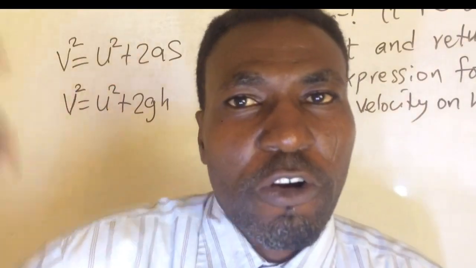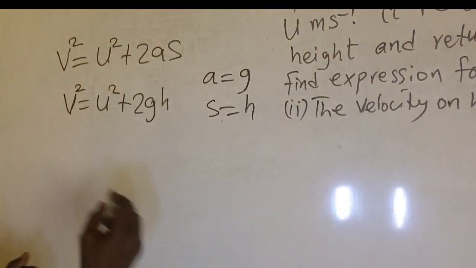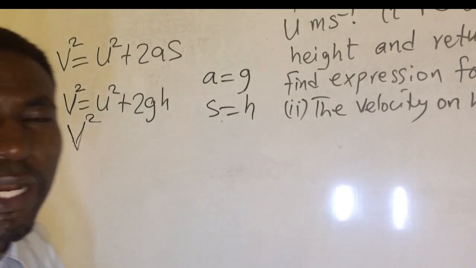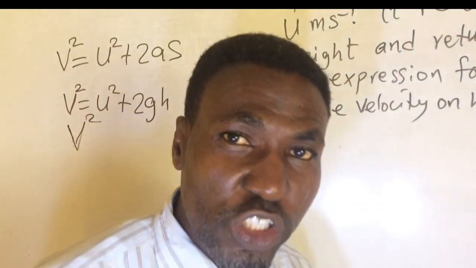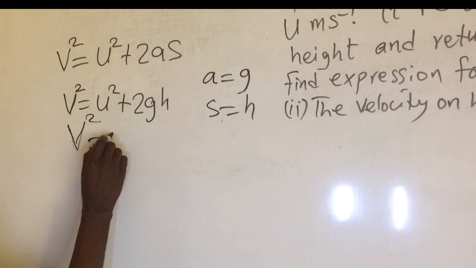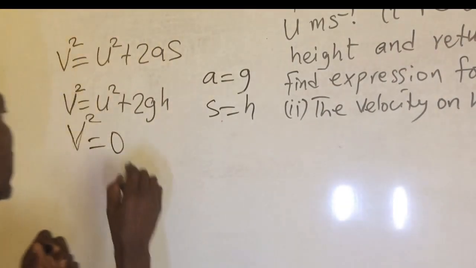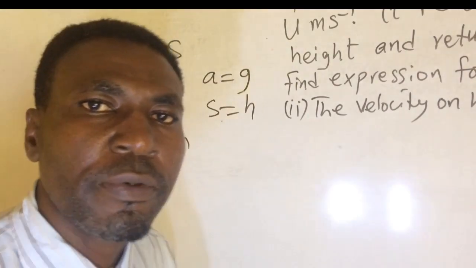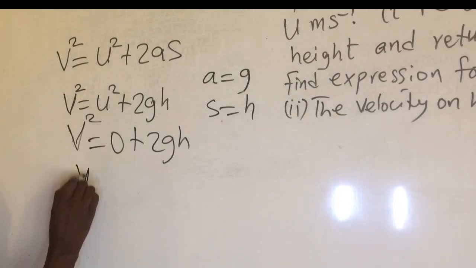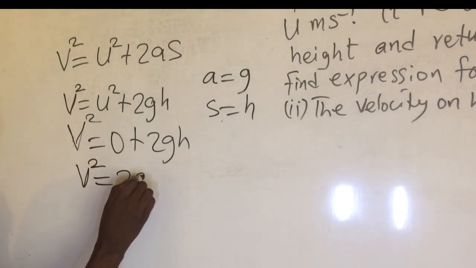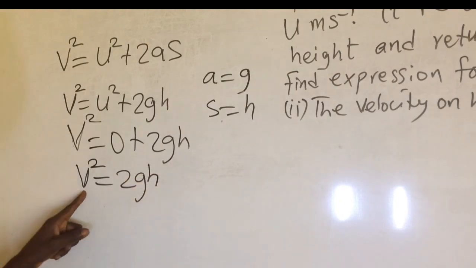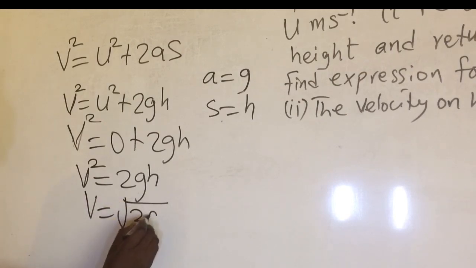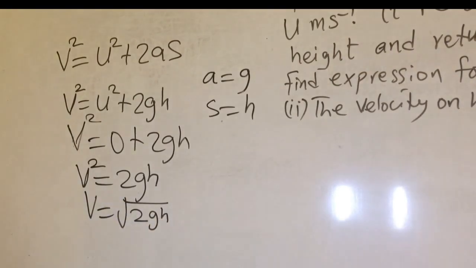We now have v squared, which is what we are calculating for, equals 0, the initial velocity, plus 2gh. Now taking away the 0, we have v squared equals 2gh. Making v the subject of the formula, we now have v equals square root of 2gh. That is the expression they're asking us.